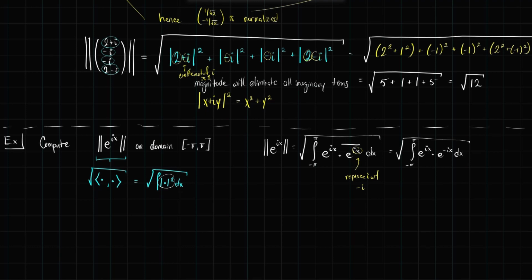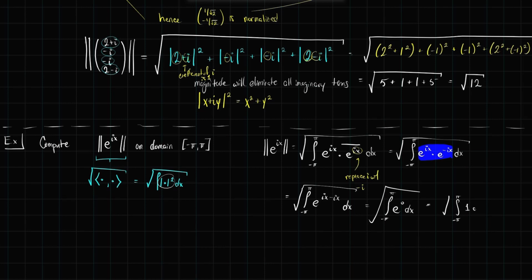Now notice, I still have this whole idea of exponent rules, where I can add those together. Because they share the same base, I can add the exponents, and I have e to the ix minus ix, dx. And what is ix minus itself? That's just e to the 0 dx. And what is any object to the 0 power? It's just equal to 1.